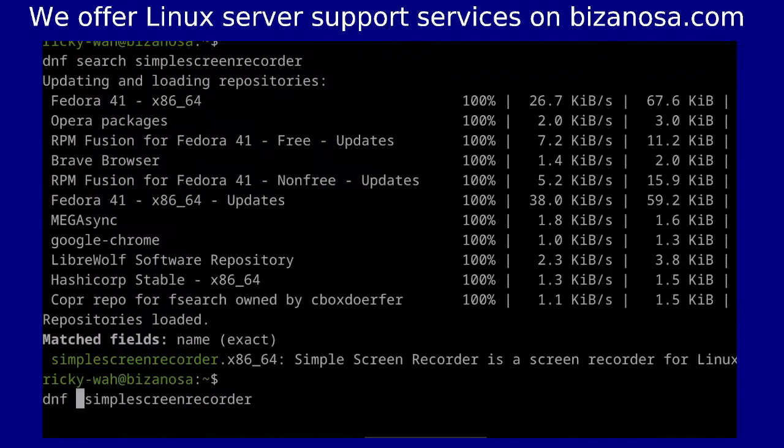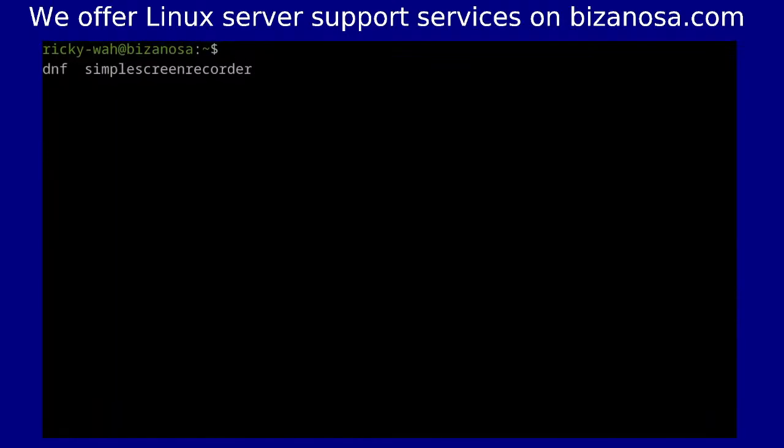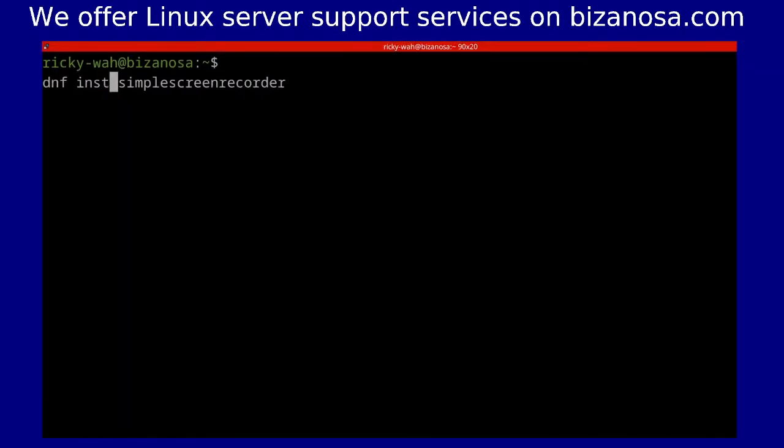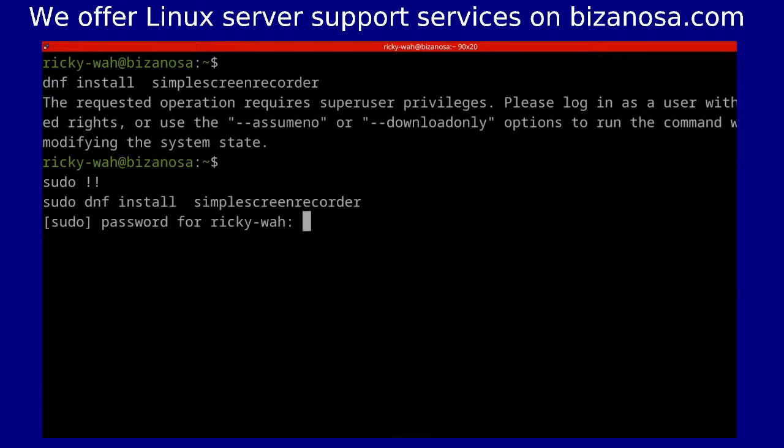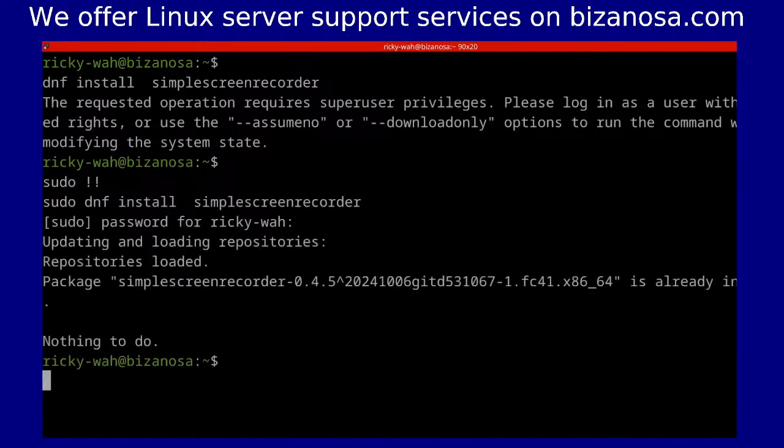I'll do Control L to clear the screen. I'll do DNF install Simple Screen Recorder. Of course, I need to use sudo. So if I do that, it's going to run the command and I can enter my user password. All right, so nothing to do. Package is already installed.